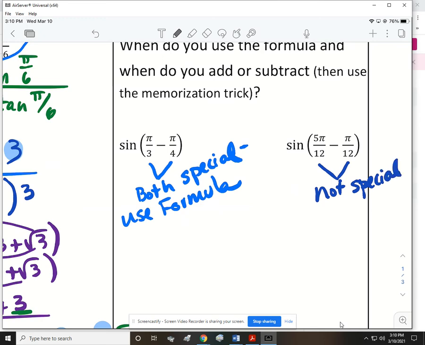So when that happens, that's when you're going to go ahead and add or subtract. And then use the hand trick.